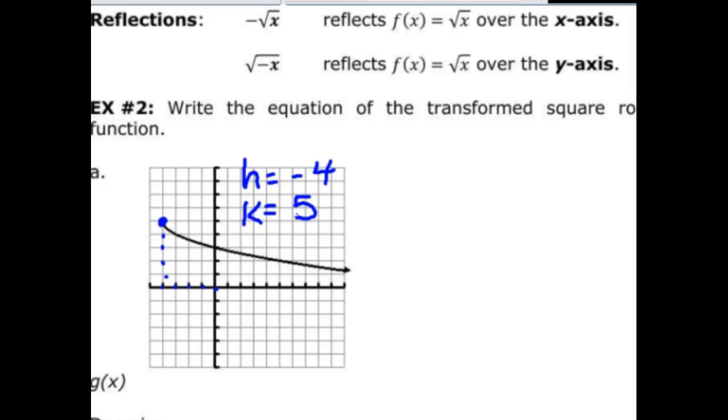What makes a graph turn upside down? Negative sign out in front. And so this would be x plus 4 minus, not minus, is that supposed to be a minus 5? Did it go down? It went up. That's supposed to be a plus 5.